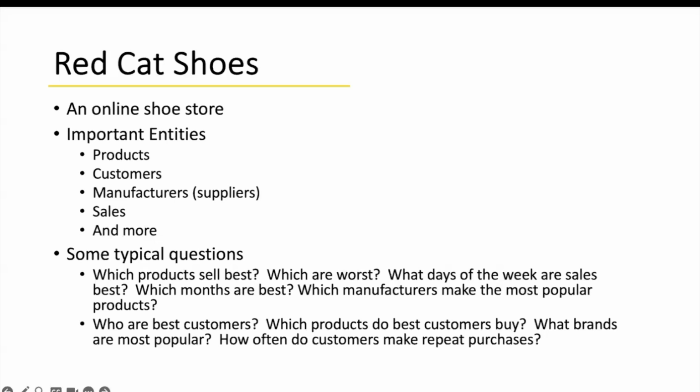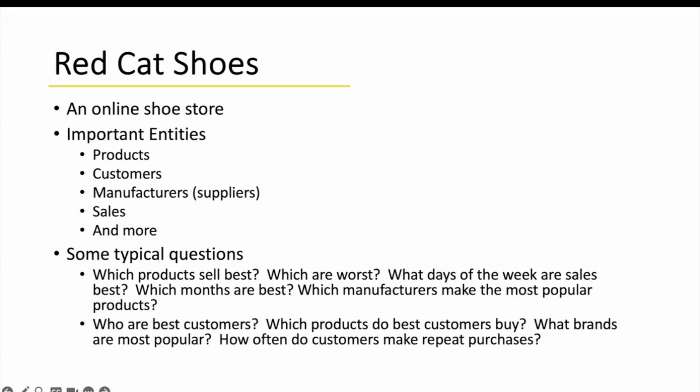In this chapter, you will be working with the databases from the Red Cat Shoes business, which is an online shoe store. You will be using a simplified version of this database, which is much less complex than the full version of the Red Cat Shoes database.